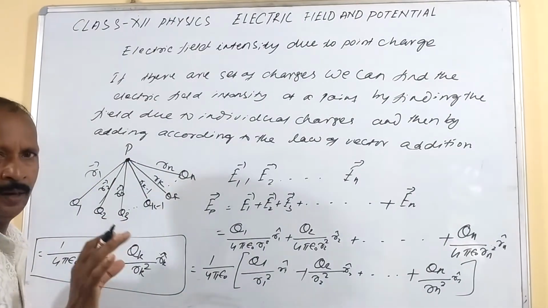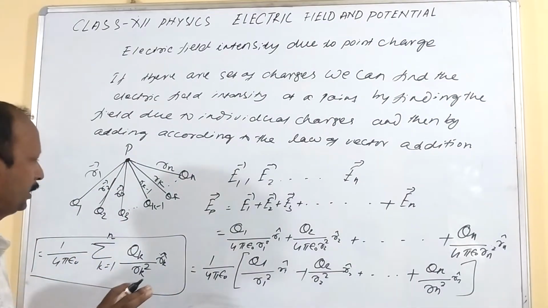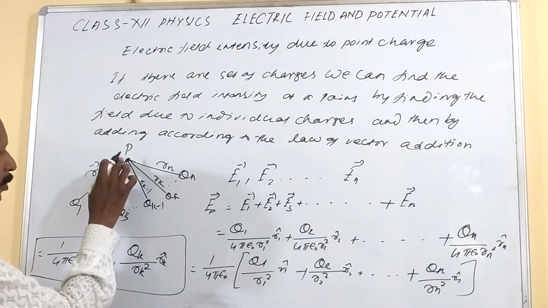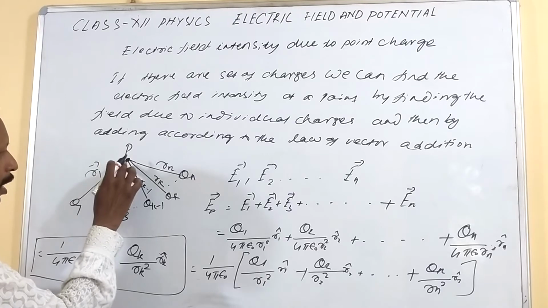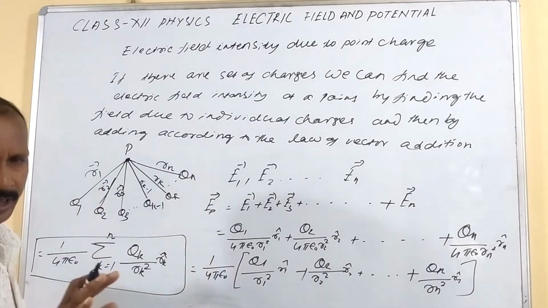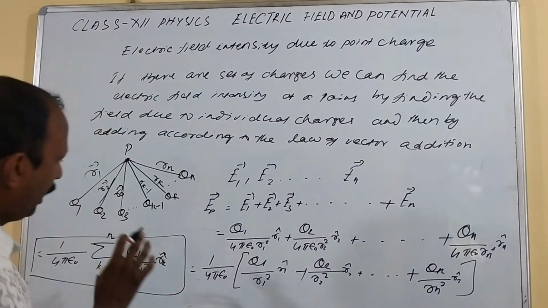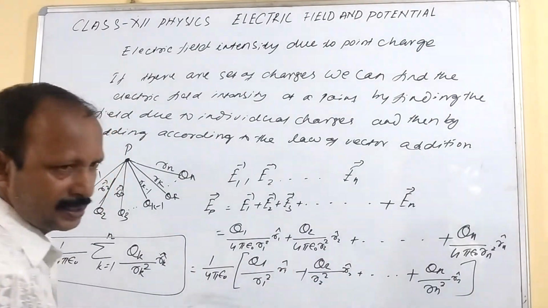So this is the way I can calculate the electric field intensity at a point P due to a set of charges, and its direction depends upon whether the charge is positive or negative. At the same time, I used vector addition.